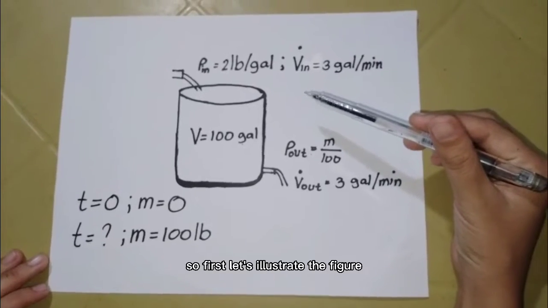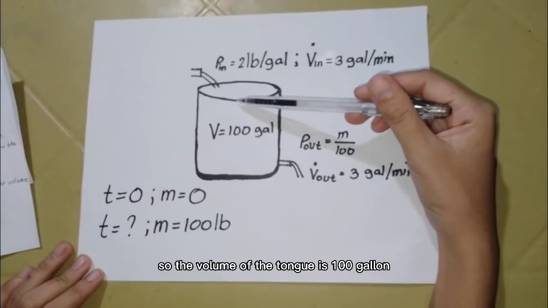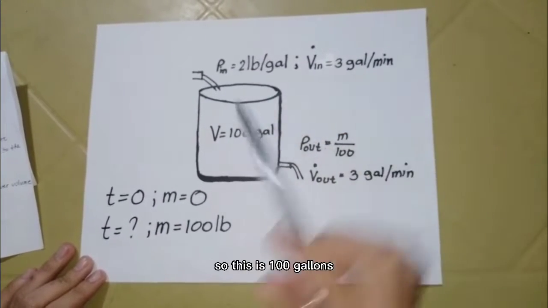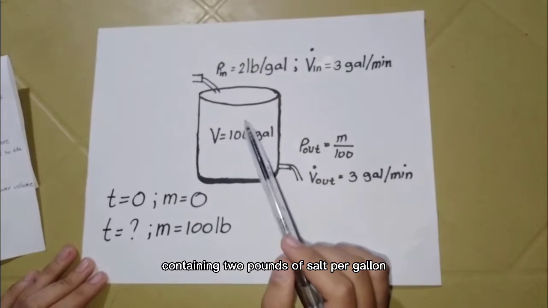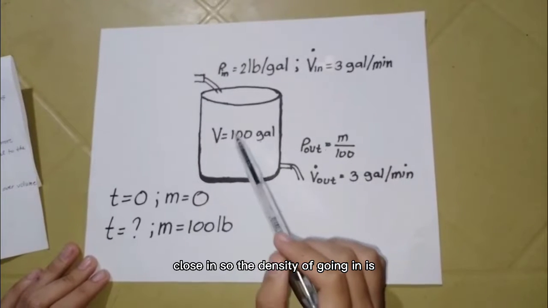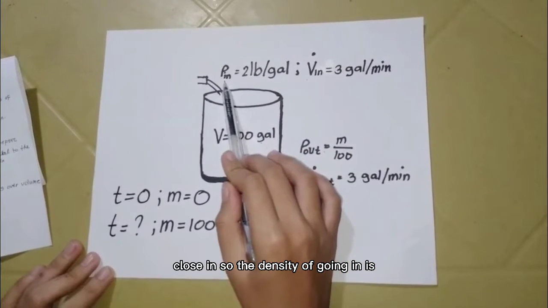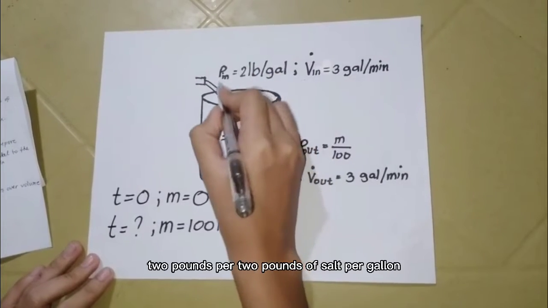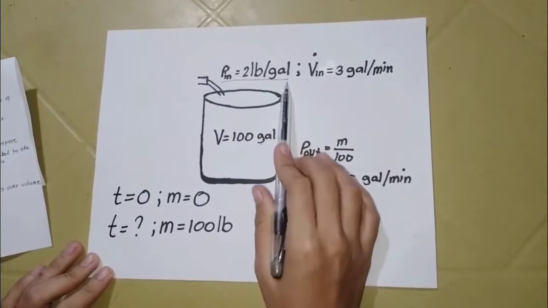So first, let's illustrate the figure. The volume of the tank is 100 gallons. Then a salt solution containing 2 pounds of salt per gallon flows in. So the density going in is 2 pounds of salt per gallon.